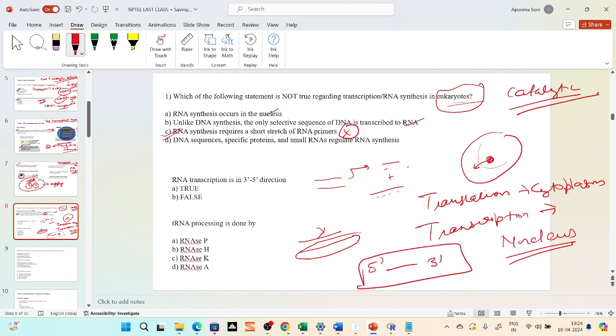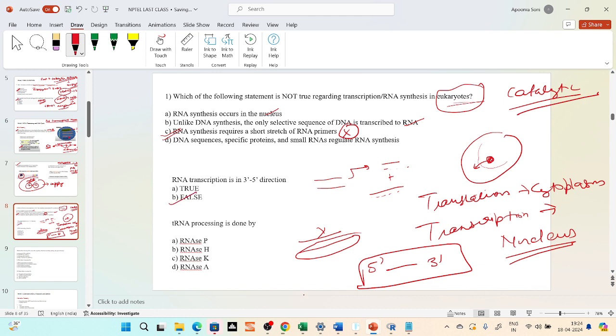Always remember, make it a thumb rule: whether it is replication, transcription, or translation, everything is happening in 5' to 3' direction. So this is false.